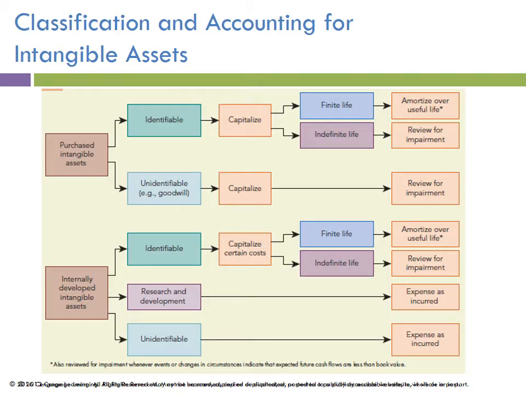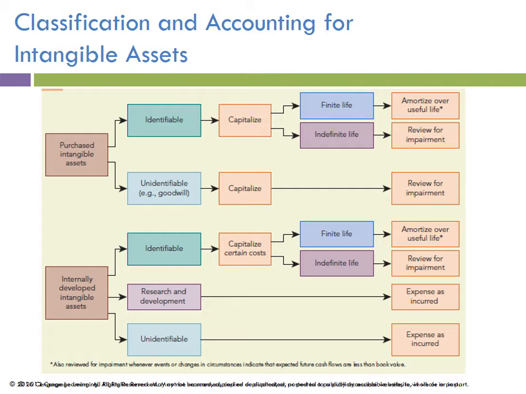When you purchase an intangible asset, if it's identifiable, you capitalize it as an asset. You then determine, does it have a finite life? Does it have a life, or does it last forever? Indefinite. If it has a finite life, we expense it over its useful life. Just like we depreciate a plant asset over its useful life, we expense or amortize a finite life intangible asset.